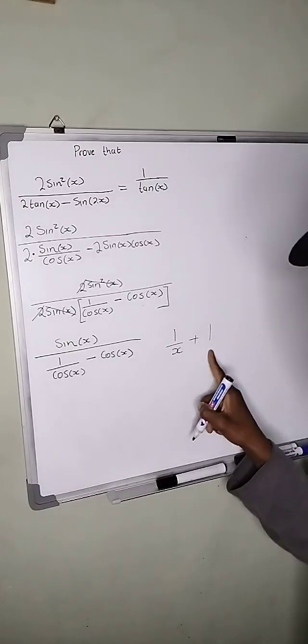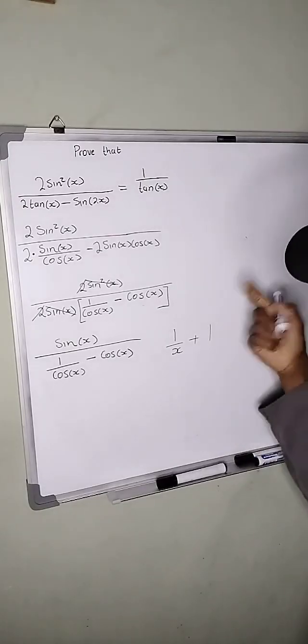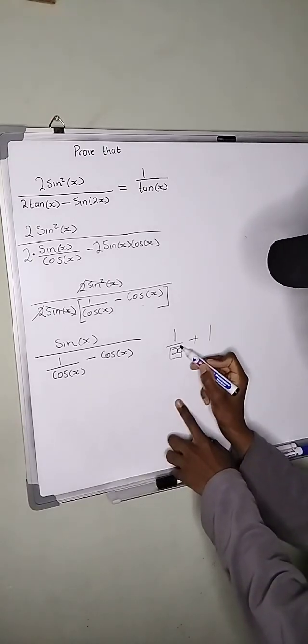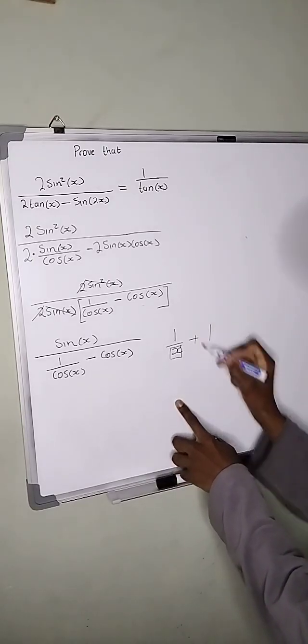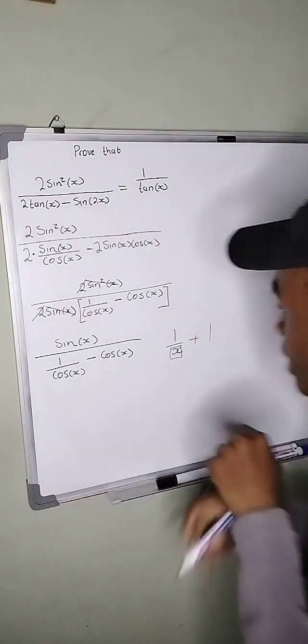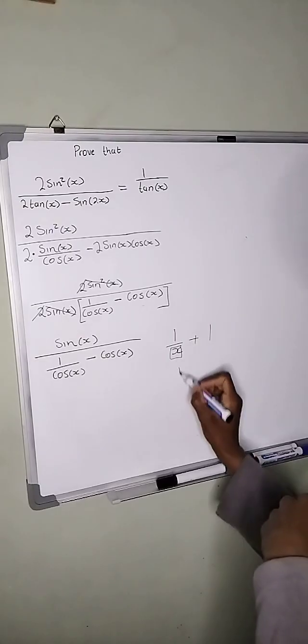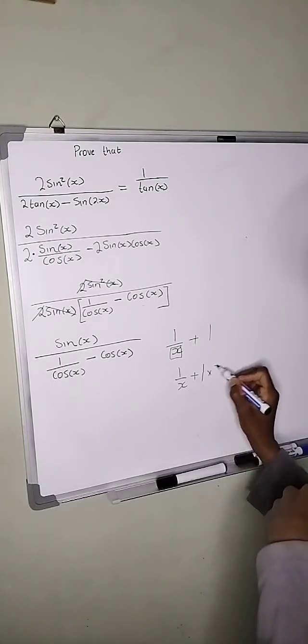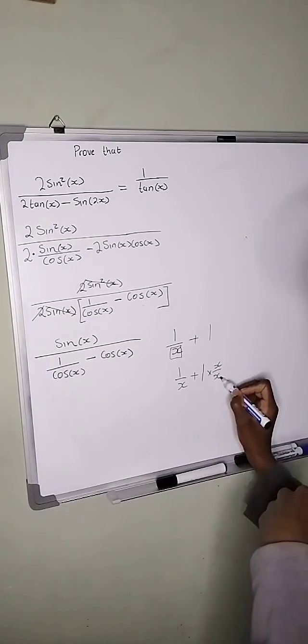I can change this one into x over x. So I'm going to multiply 1 over x plus 1 by x over x, right?